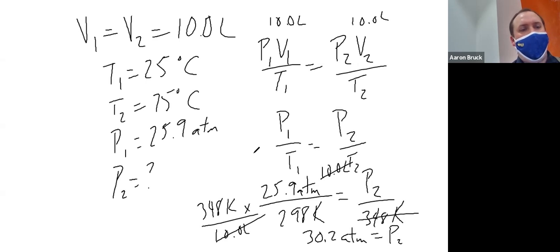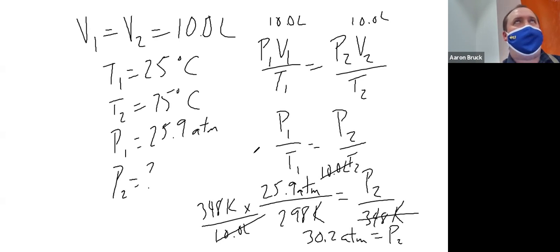Okay. So if you find that a variable is constant, you can leave it out of the combined gas law and just solve with whatever's left. So it doesn't have to be volume. If you find that the whole thing's being done at atmospheric pressure, P1 and P2 are exactly the same. You can leave the pressure units out of the combined gas law and solve with just the volume and temperature.